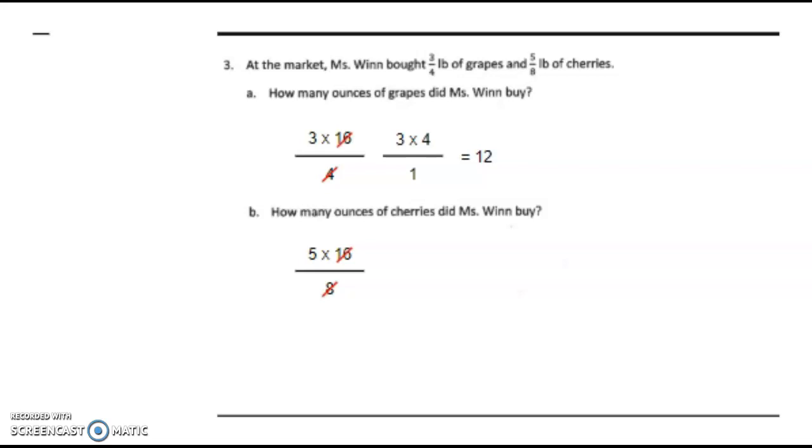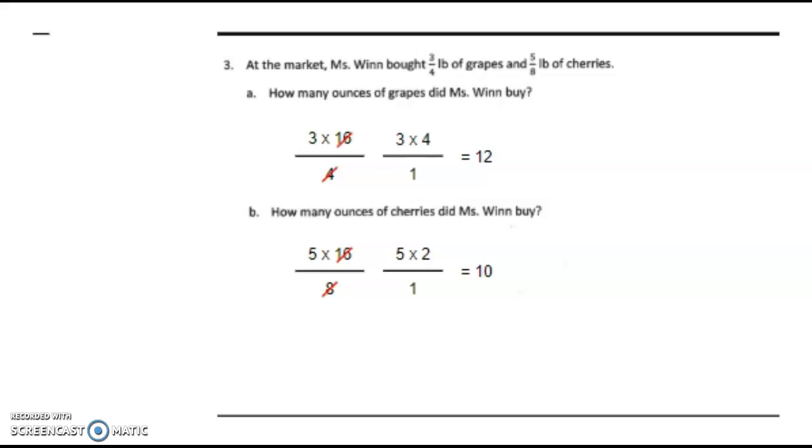So hopefully you've found that it is 5 times 2, because 16 divided by 8 is going to give me 2. And I have an answer of 10. So she bought 10 ounces of cherries.